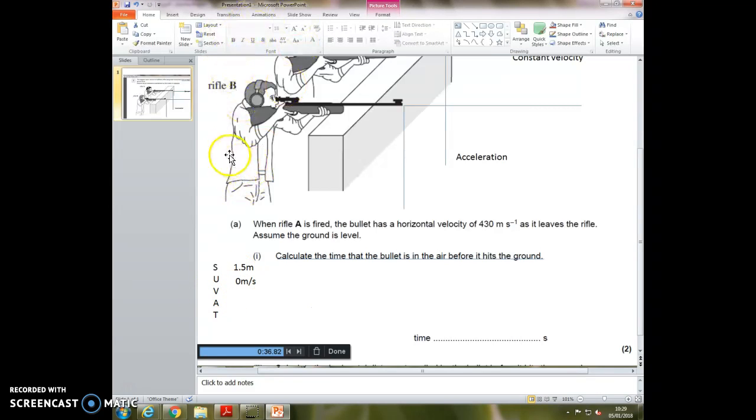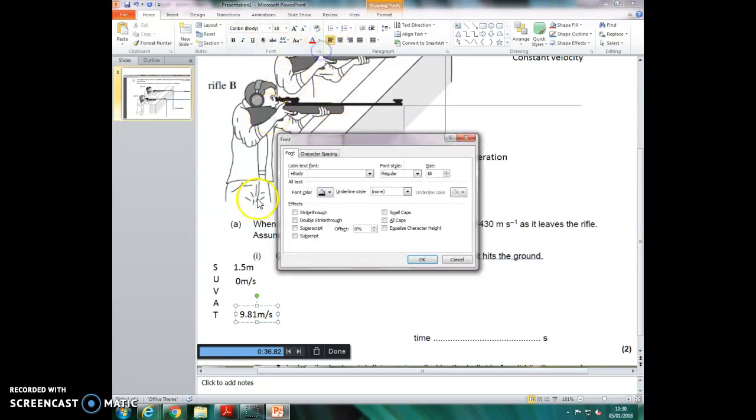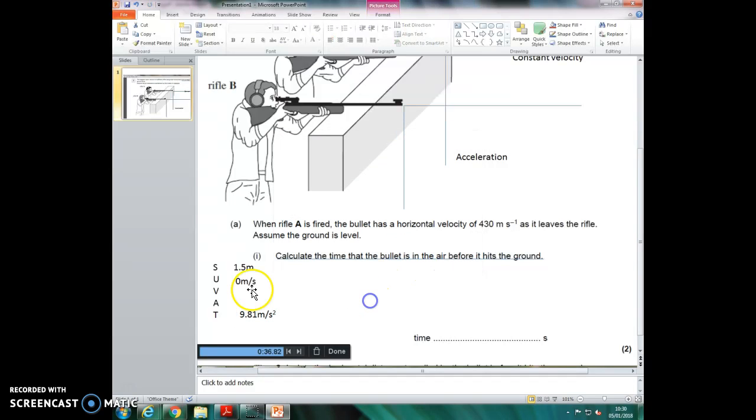Final velocity, we're not really asked for that. We could calculate it, but we don't really need to know that to answer this question. However, we do know that gravity is 9.81 meters per second squared. And we are looking for the time. So this is the one that's the question mark.